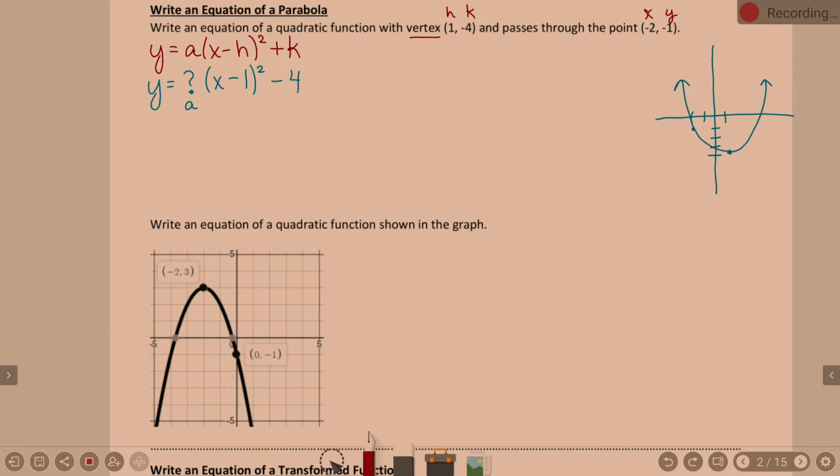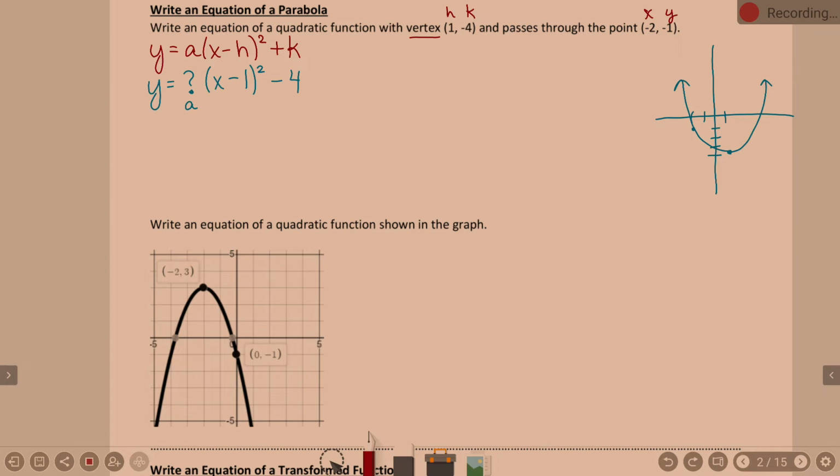What's my current equation I have? Y equals A that I'm trying to find times x minus 1 squared minus 4. So if I have an x and a y value, can I plug them in an effort to find A?